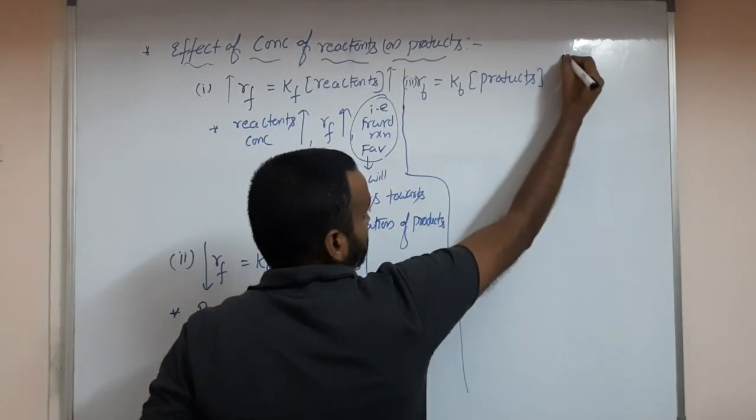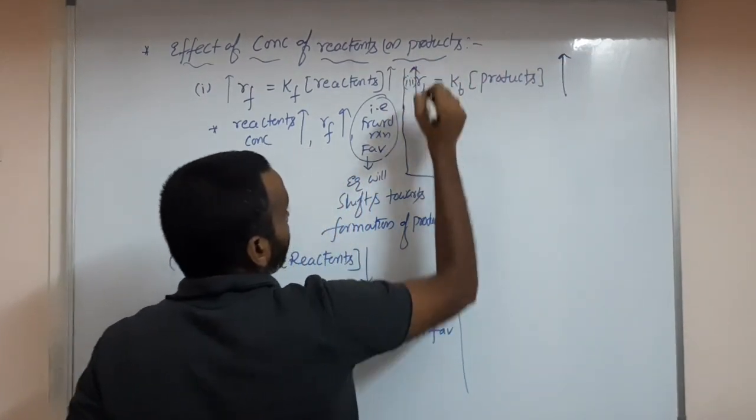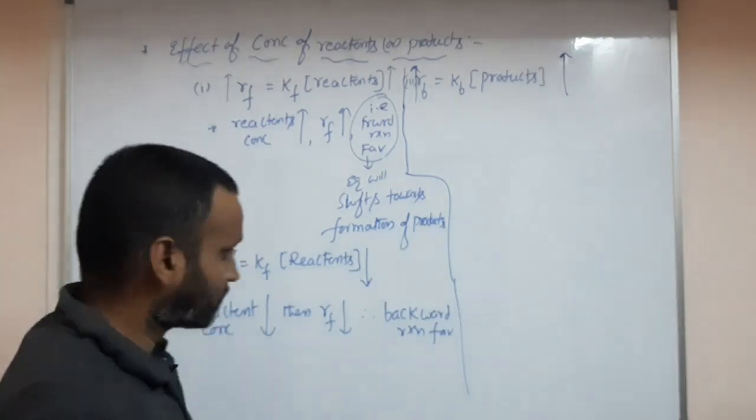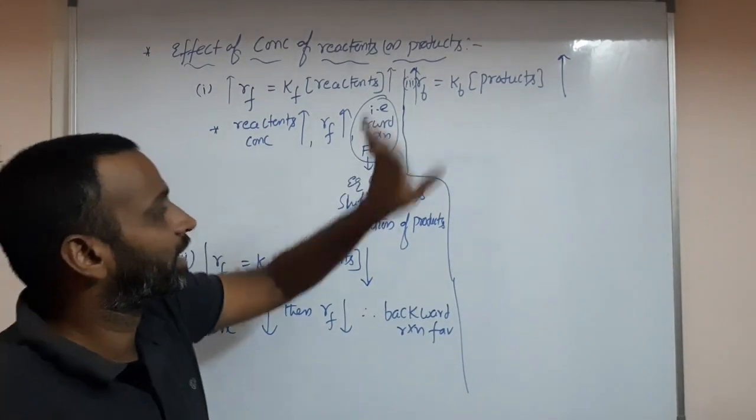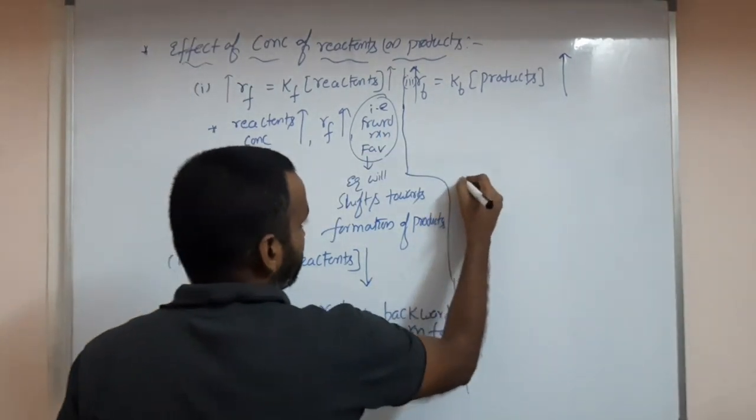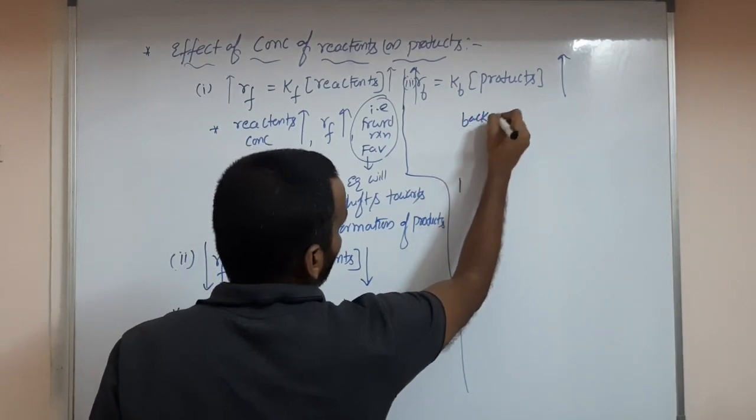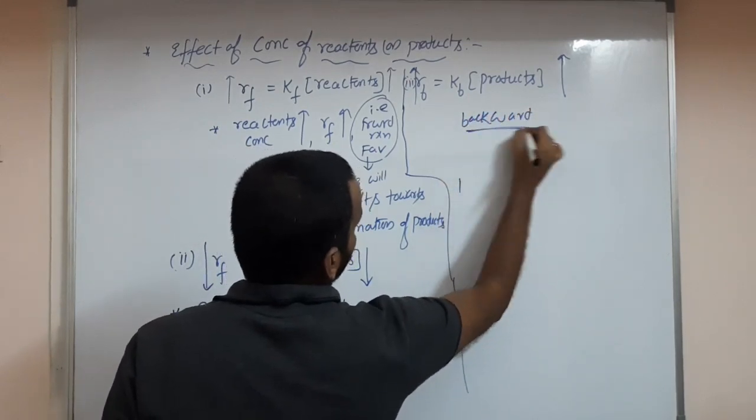Now if product concentration is more, then the rate of backward reaction increases. So points 2 and 3 are identical. Next, point 4: the backward reaction is favored.